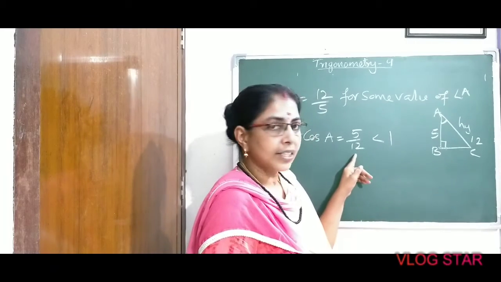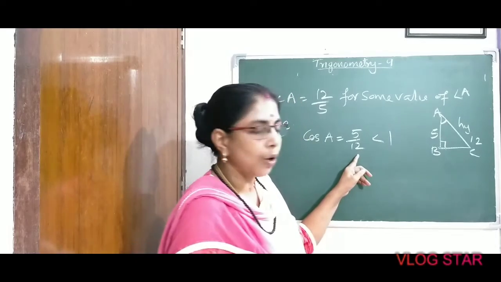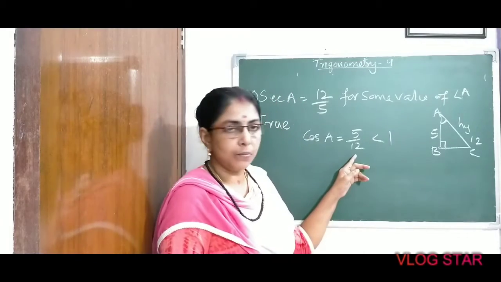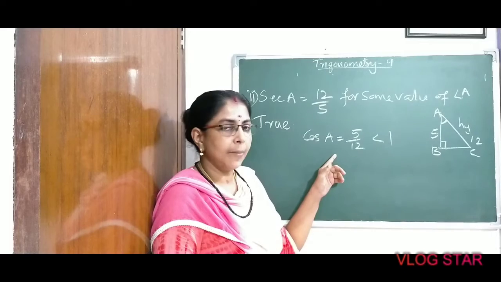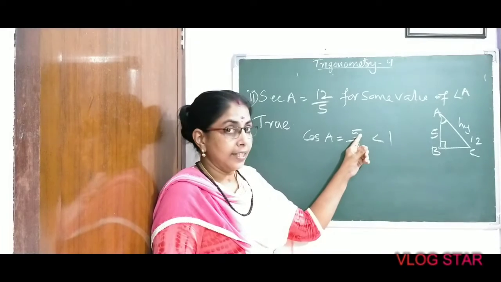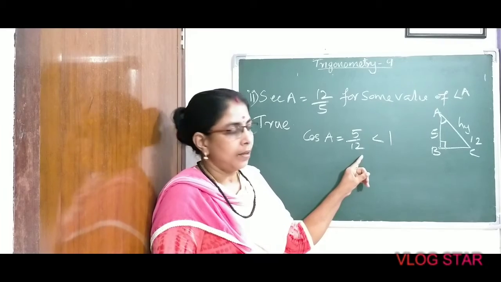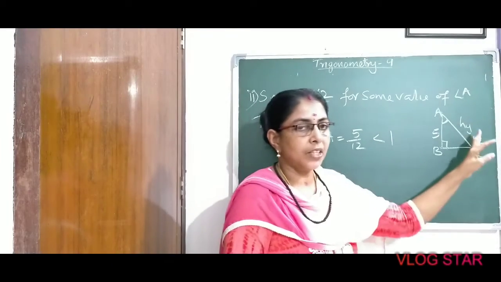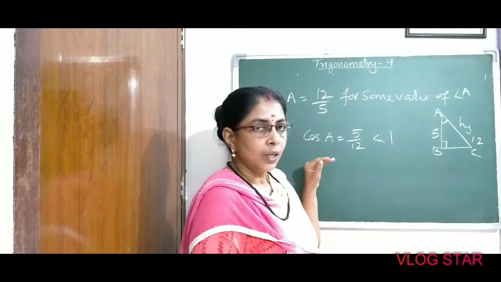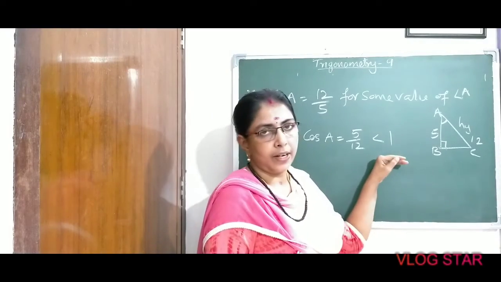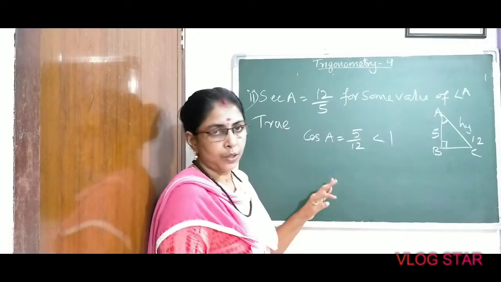We know that cos A is the side adjacent to angle A upon the hypotenuse. Because the hypotenuse is the biggest side in a right triangle, the cos value is always less than 1.